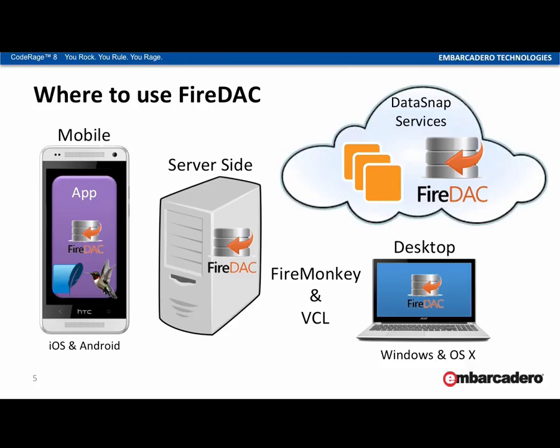If you do want to access a database like that from a mobile device, that's where DataSnap comes in. With DataSnap, you would then use FireDAC with your DataSnap server to access your Oracle database. And then through DataSnap, you would expose that access to your mobile device or desktop or any device really for that matter. So in that situation, FireDAC does provide your mobile devices access to Oracle or other big databases through DataSnap.